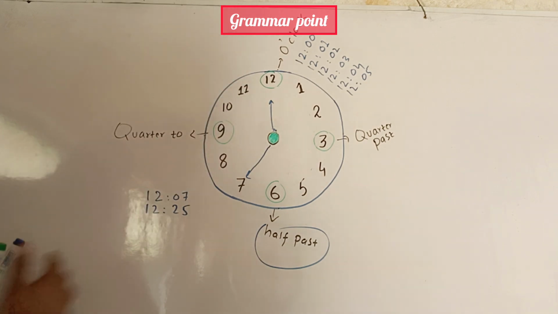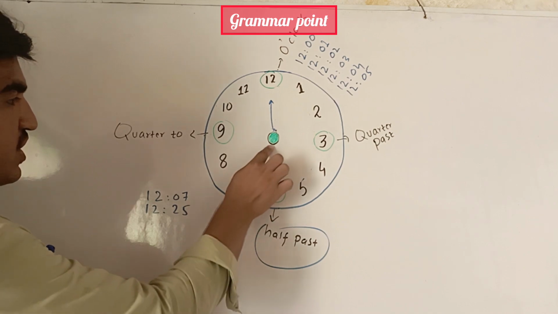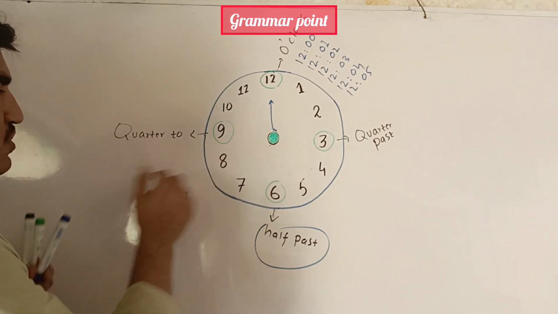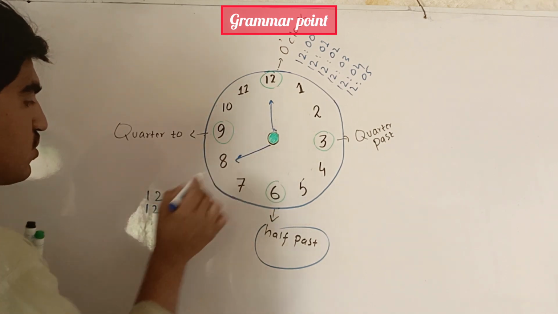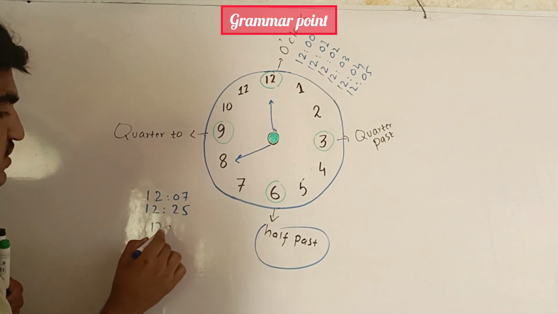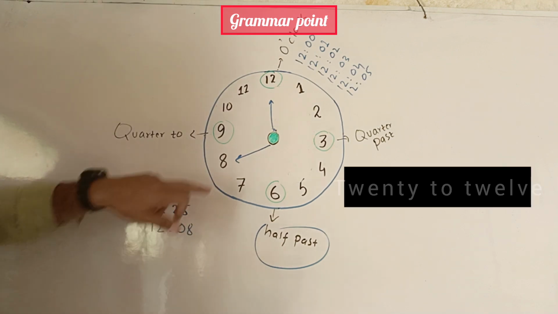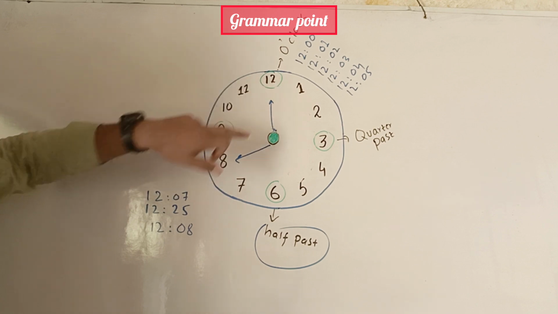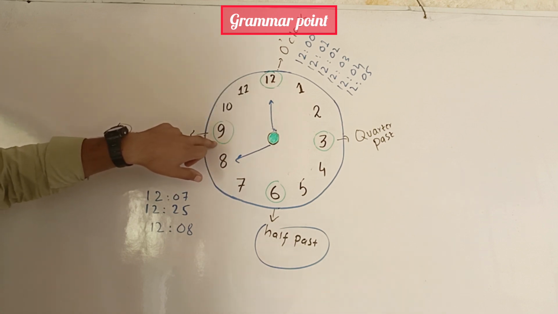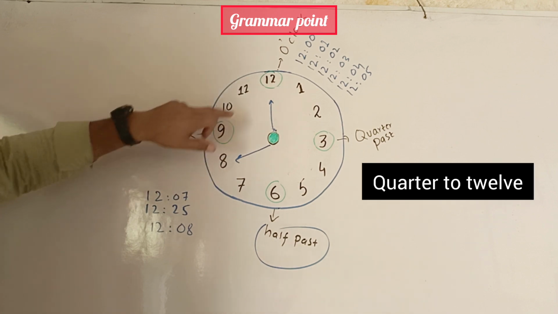If the small needle is on the same position but the large one is on this one, we can say 20 to 12. Similarly, if it is on this point, we can say quarter to 12.